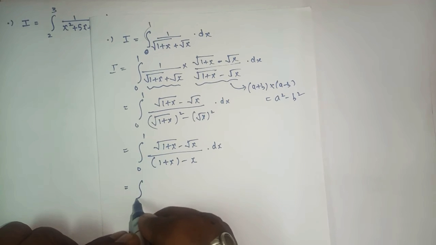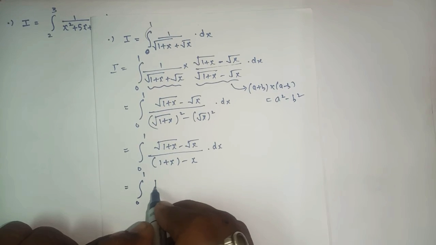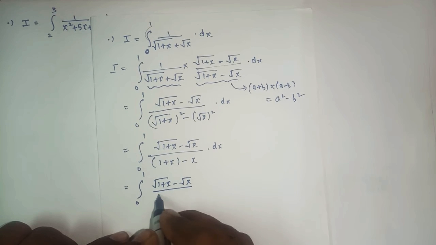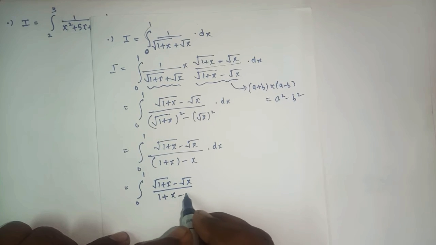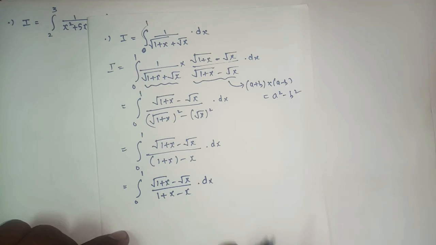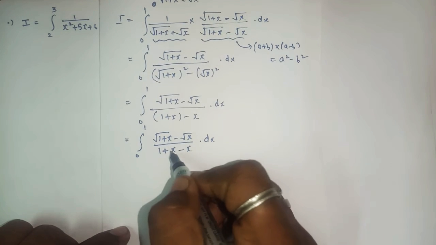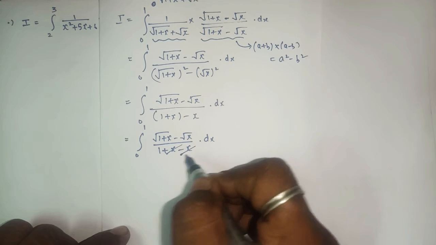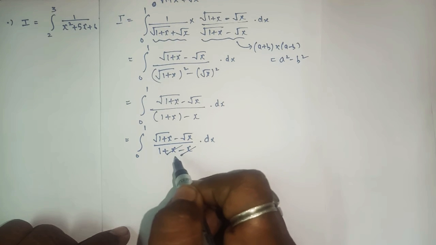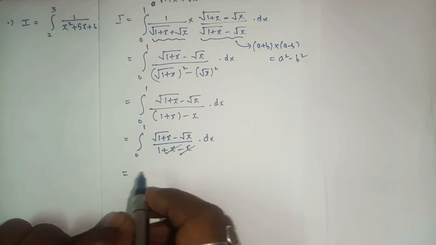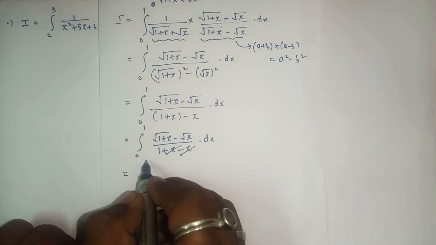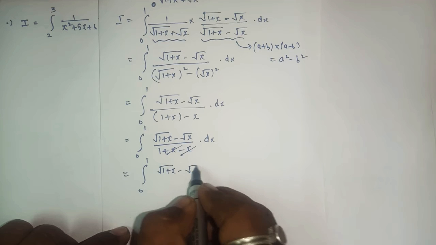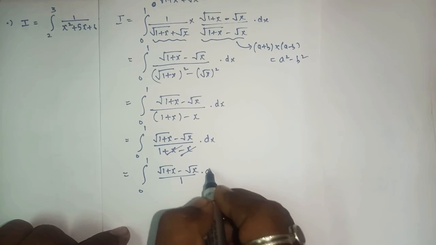Therefore integral 0 to 1 of root 1 plus x minus root x upon 1 plus x minus x into dx. Clearly we can see that here x we can cancel because it has opposite signs. Next, integral 0 to 1, we are left with root 1 plus x minus root x upon 1 into dx.